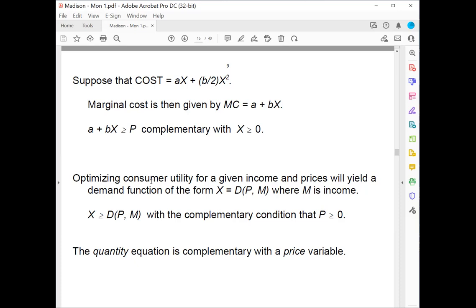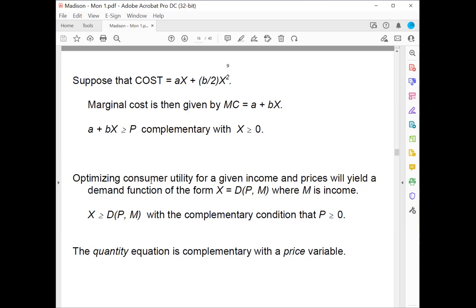So then on the other side of the market, the optimization problem for a consumer is maximize utility subject to a budget constraint. And that would give us something like a demand function. X is a function of price and income, where M is income. And we're just going to treat that as exogenous here. I'm not going to put that in as a variable, although we could, and then we could shift the demand curve.